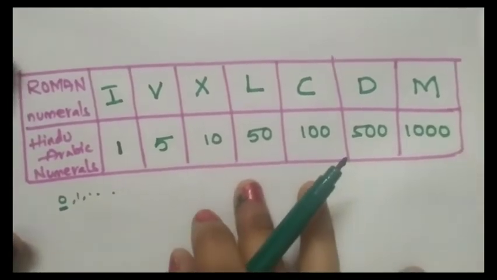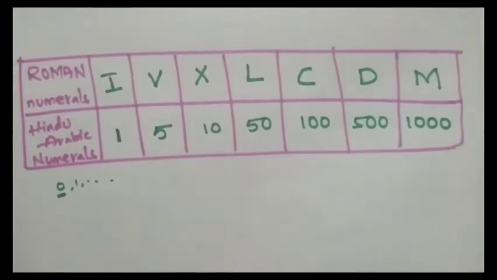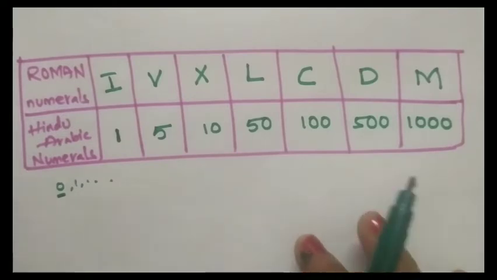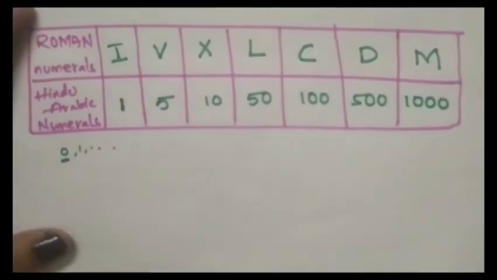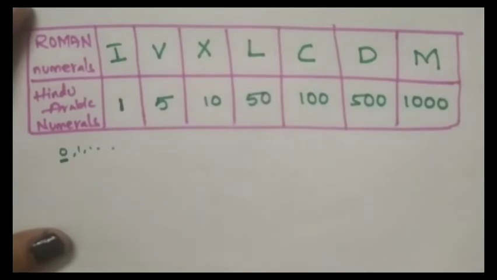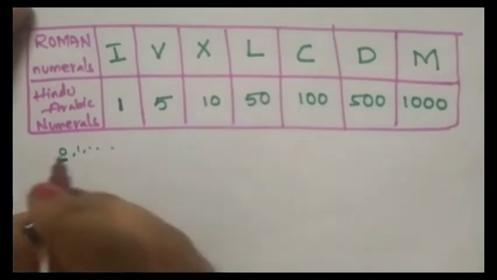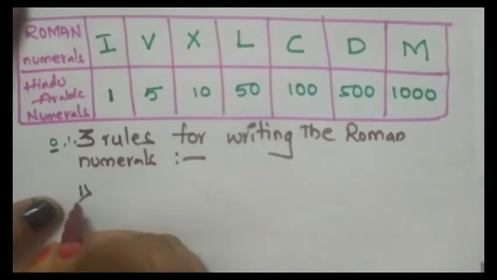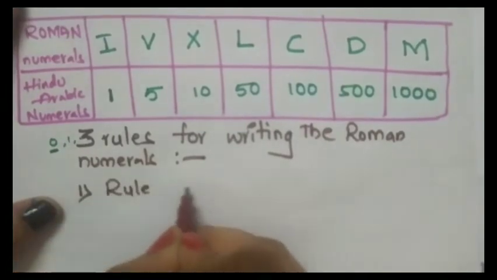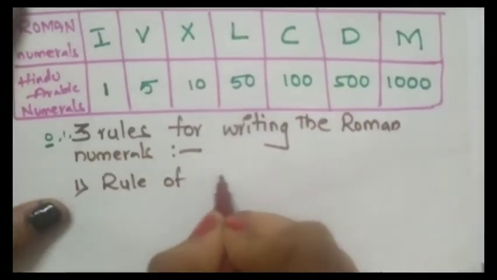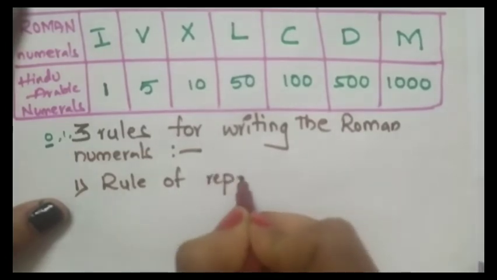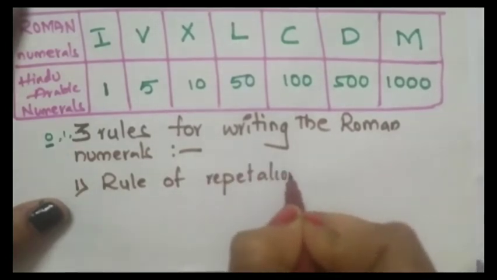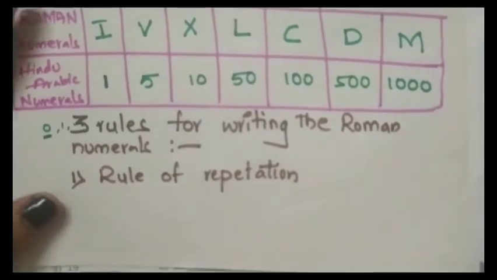Now let us learn rules of Roman numerals. We need to remember 3 rules for writing Roman numerals. They are, first, rule of repetition.